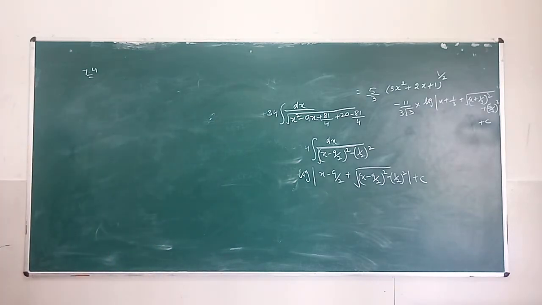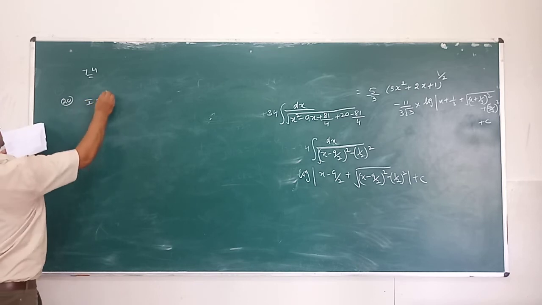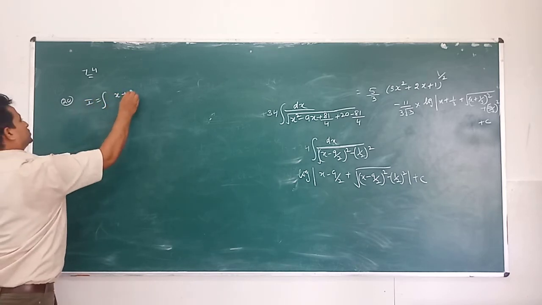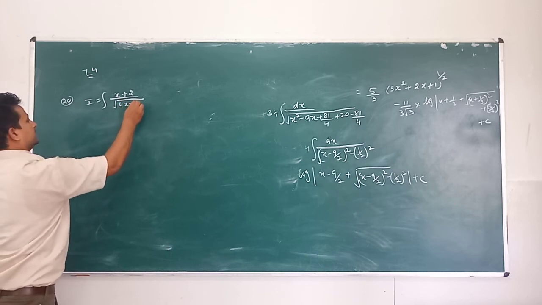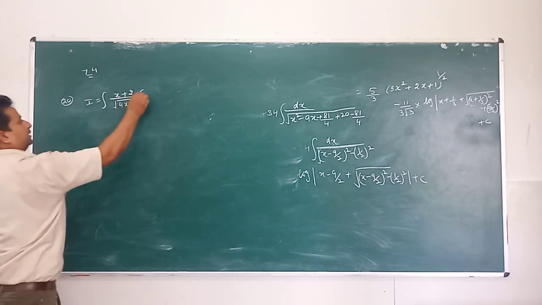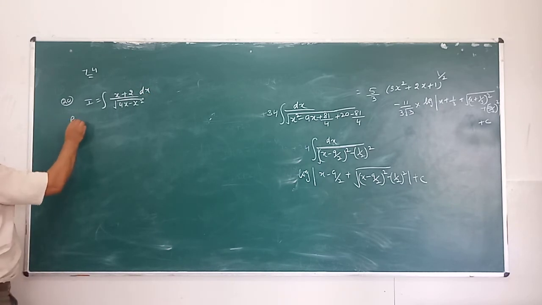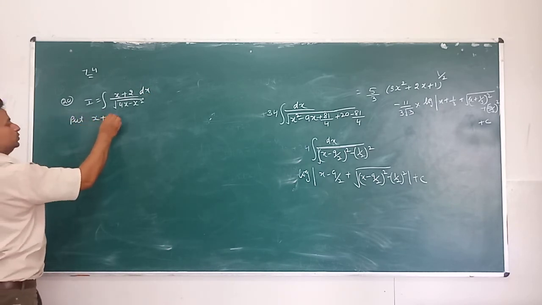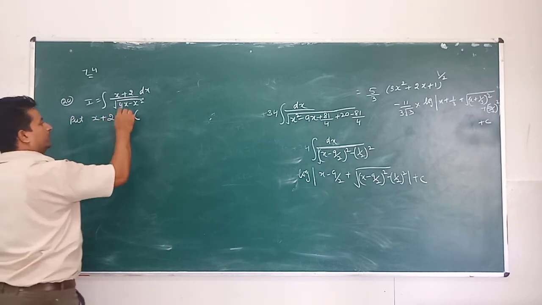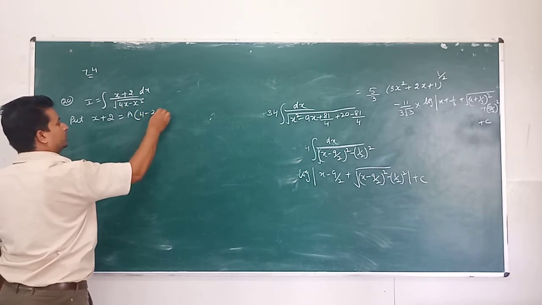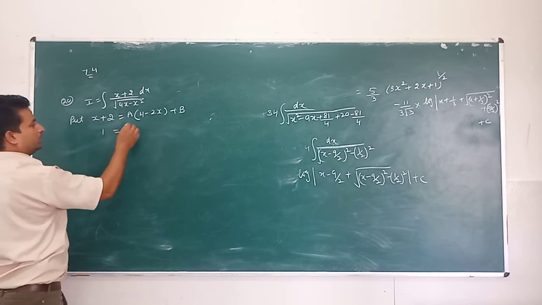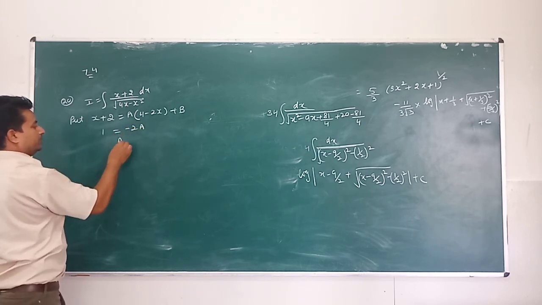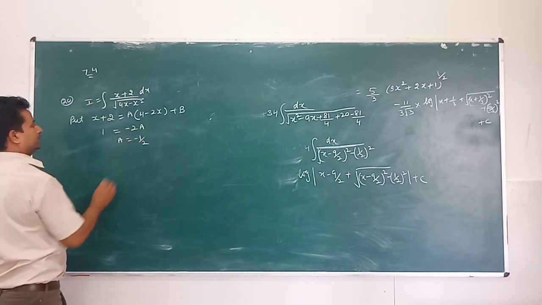In the next question, question number 20, the statement is I equals the integral of (x plus 2) upon the square root of (4x minus x square). In this question, first we put x plus 2 equals a times the derivative of this, which is (4 minus 2x), plus b. Compare the coefficient of x: the value of a is minus half.